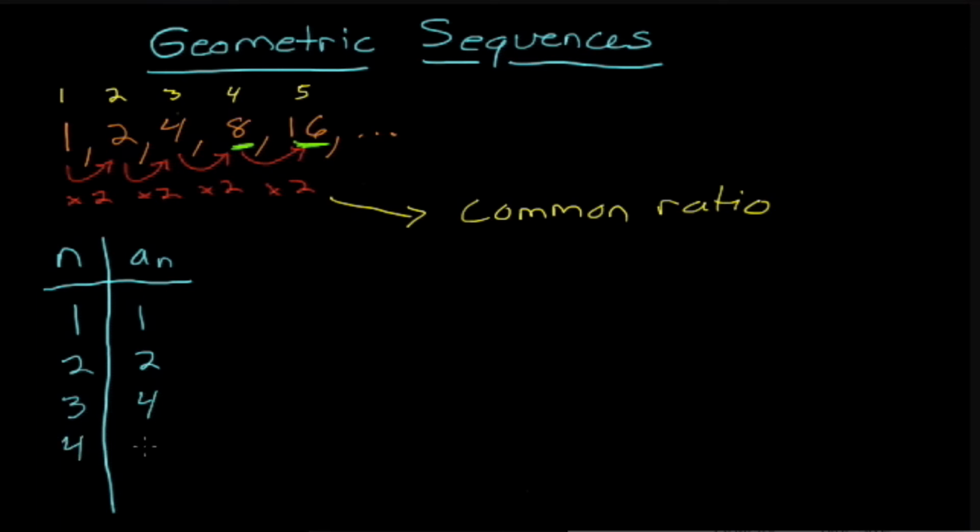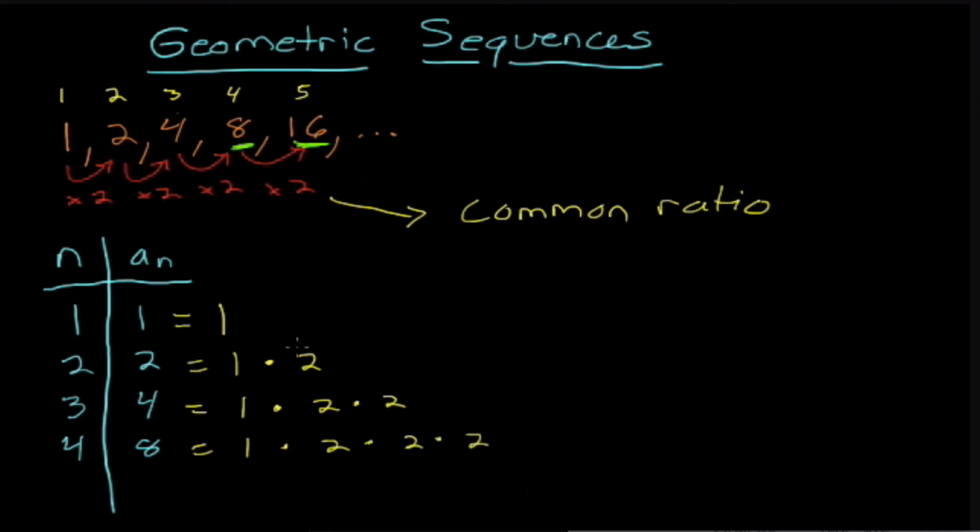Our fourth term is 8. All right, 1 is just 1. Notice I'm starting out the same way. 2 is just 1 times 2. 4 is just 1 times 2 times 2. And then 8 is just 1 times 2 times 2 times 2.